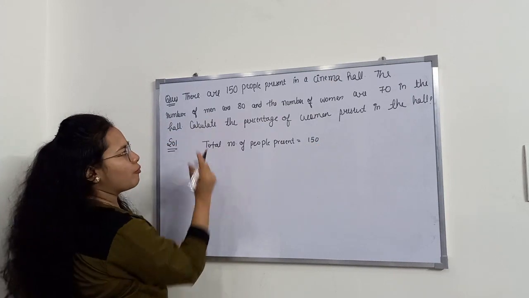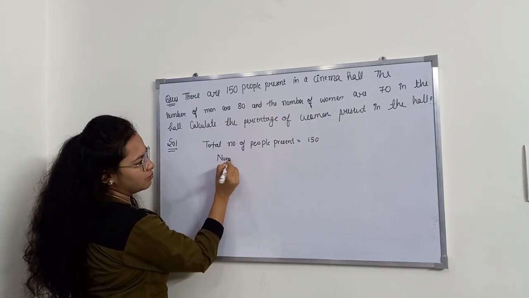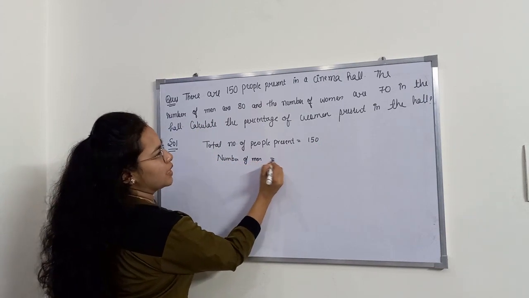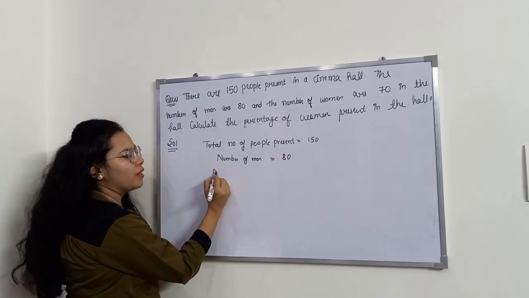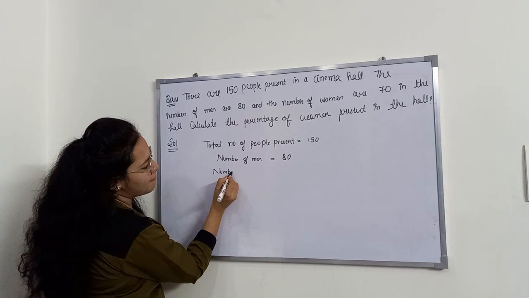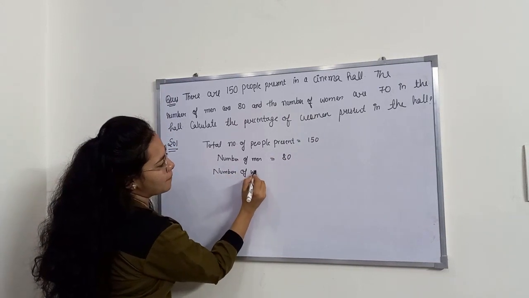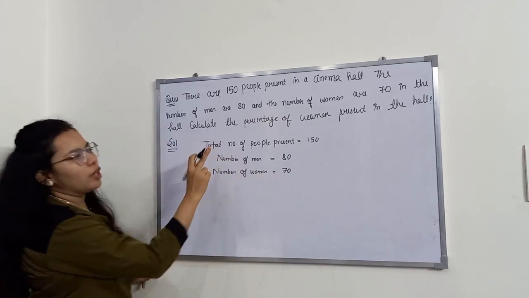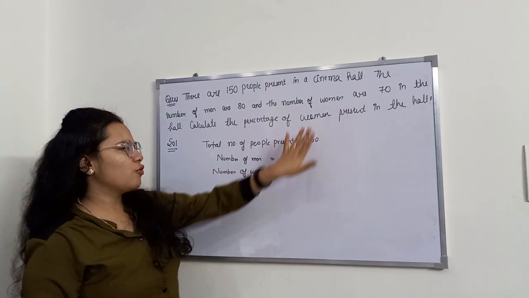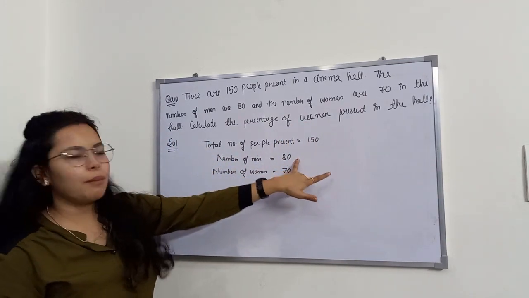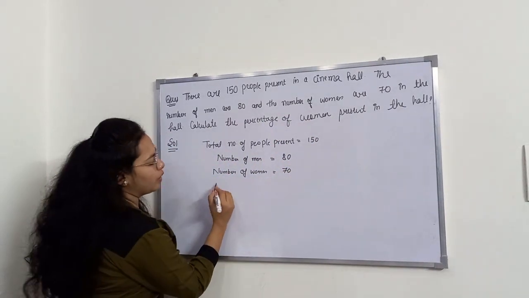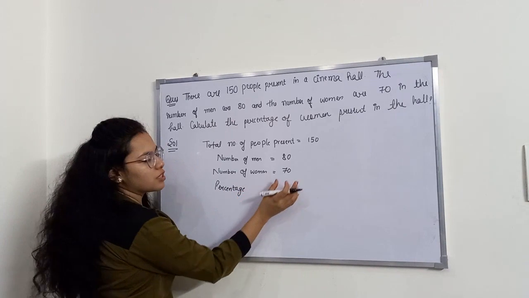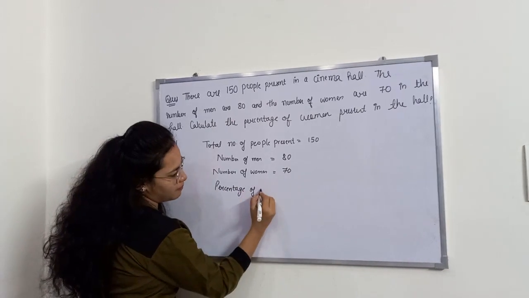Out of which the number of men is 80 and the number of women is 70. So we have to calculate the percentage of women. So we don't need to think about the men. To calculate the percentage of women, we are just focusing on the values of women.